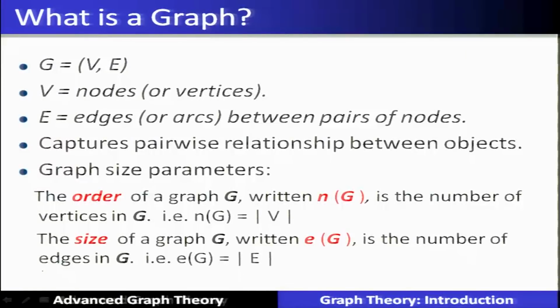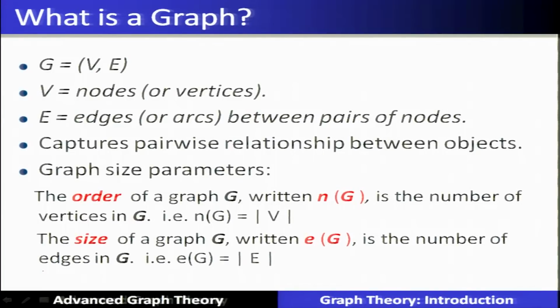So, what is a graph? A graph is a pair of a set of vertices and a set of edges. Graph G is represented as V comma E, where V is a set of nodes and E is a set of edges. The set of edges is nothing but pairs of nodes.